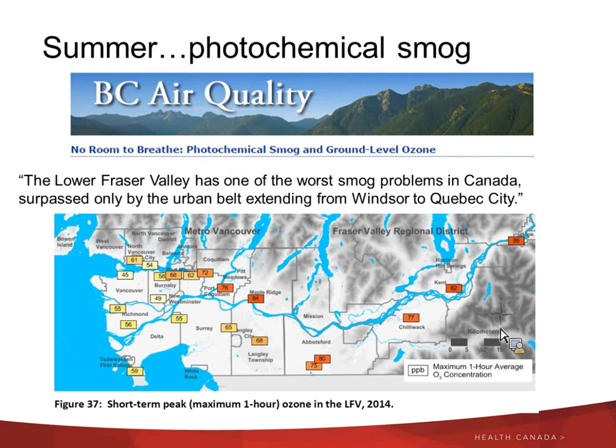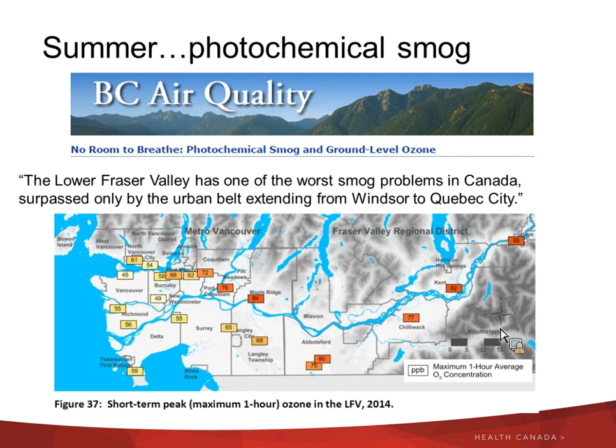Now, the lower Fraser Valley, it didn't quite make it into the highest quartile of ozone exposure based on the data that we used, but the BC Environment has characterized on their website the lower Fraser Valley as having one of the worst smog problems in Canada outside the Windsor to Quebec City corridor.